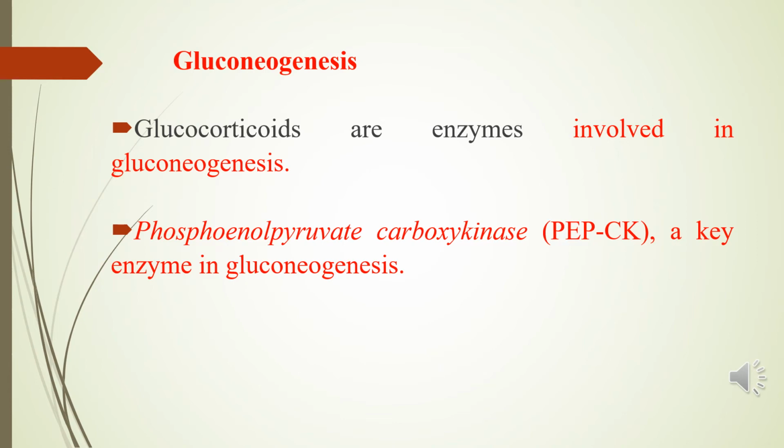An example, and the first example of the gluconeogenesis enzymes induced, is the phosphoenolpyruvate carboxykinase, which is a key enzyme in gluconeogenesis. This enzyme is regulated by several elements or hormones, all of which act at the transcriptional level. And we are going to see how it is regulated.